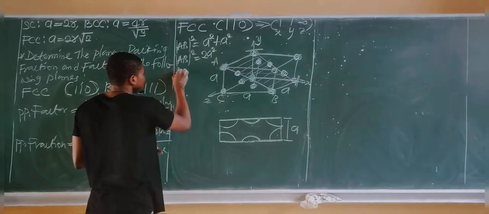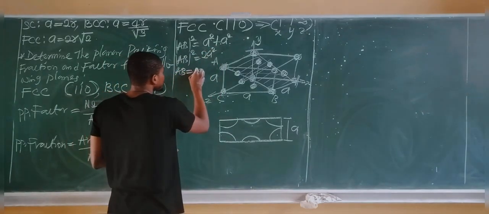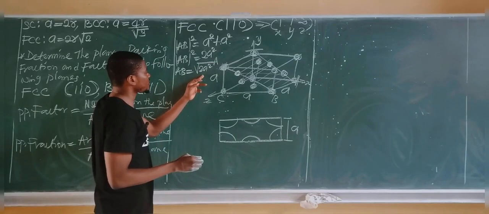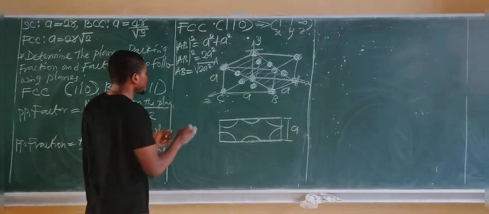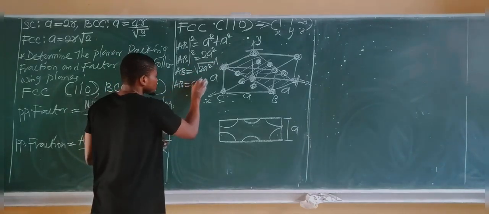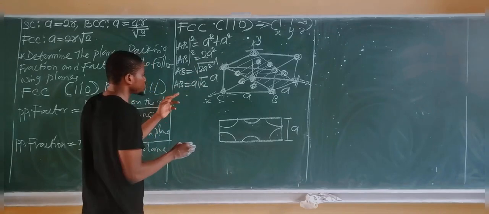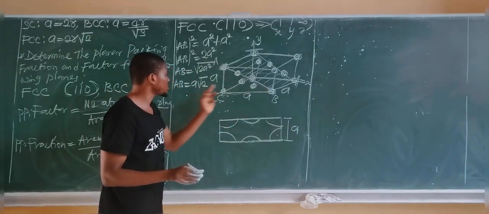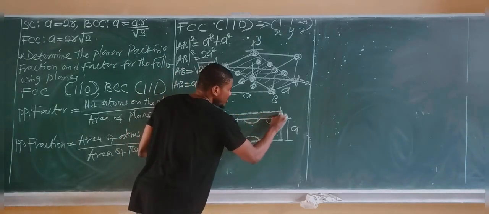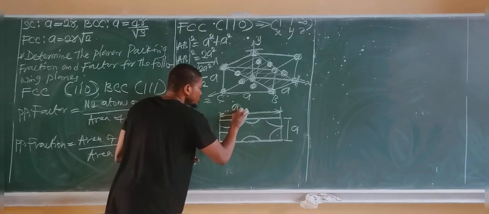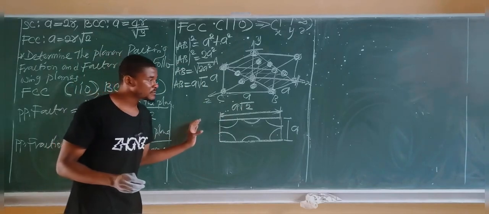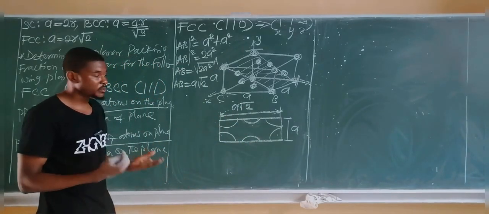So AB, that hypotenuse arm, becomes the square root of 2A squared, which is A root 2. Therefore this total distance from here to this point gives us A root 2. This becomes the side of the rectangular shape which we've gotten.